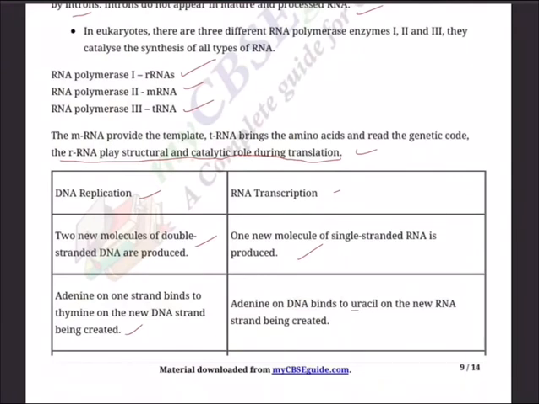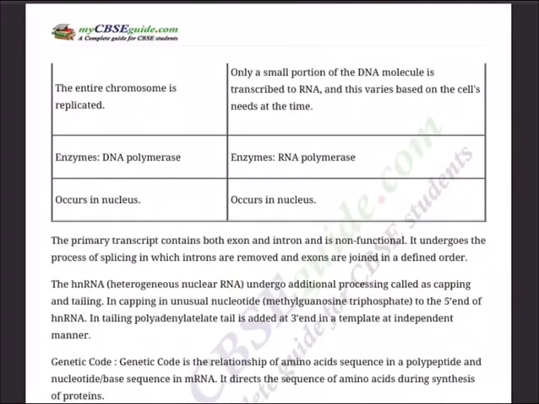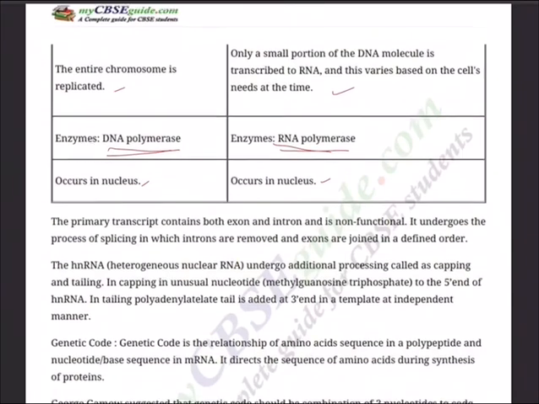Adenine on DNA binds to uracil on the new RNA strand that's created. In replication, the entire chromosome is replicated. In transcription, only a small portion of the DNA molecule is transcribed to RNA, and this varies based on the cell's need at a time. In replication, DNA polymerase is compulsory; here, RNA polymerase. Transcription occurs in the nucleus, but once mRNA is formed, it comes out of the nucleus into the cytoplasm.